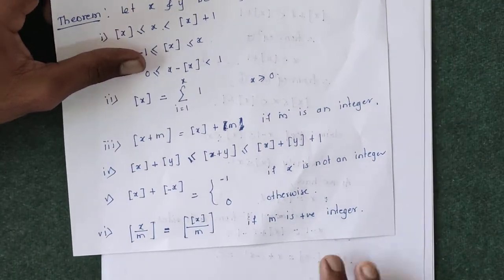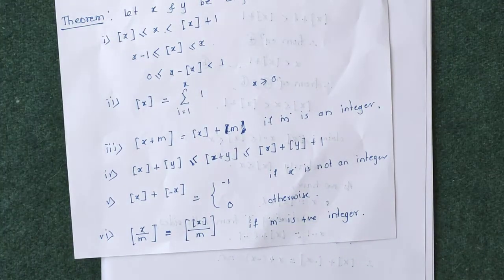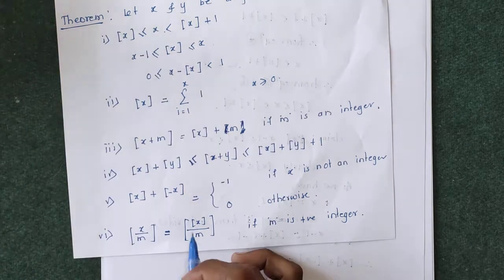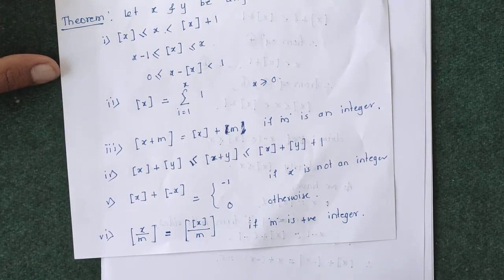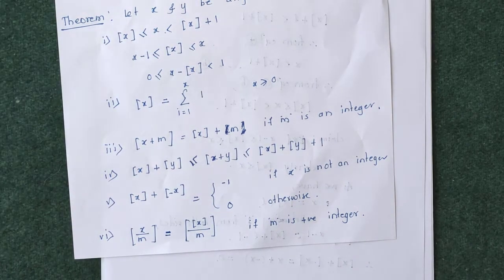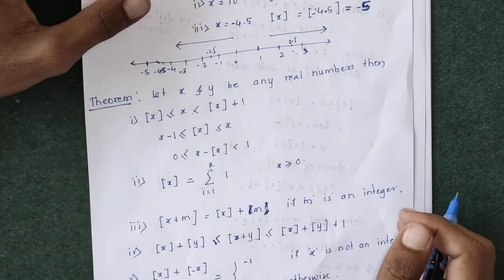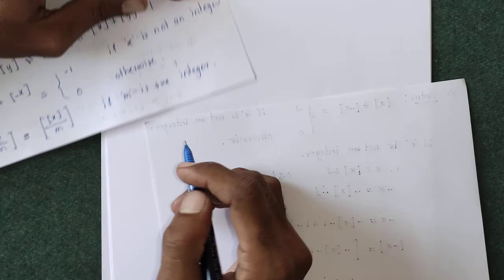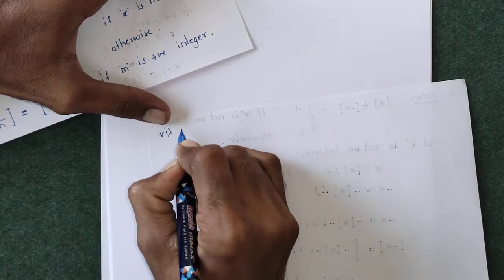Now the sixth claim is integral part of x by m is equal to integral part of the integral part of x by m whenever m is a positive integer. Now to prove this result, first of all we will write the claim of our sixth property.